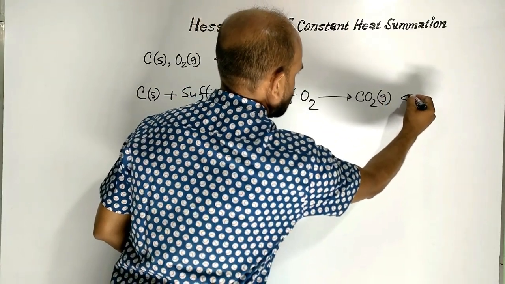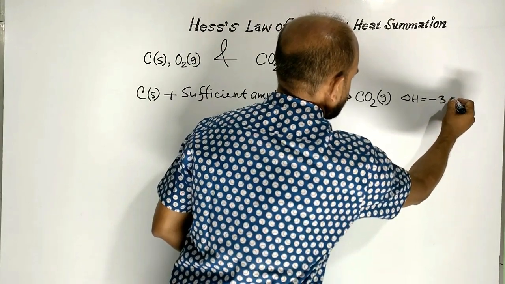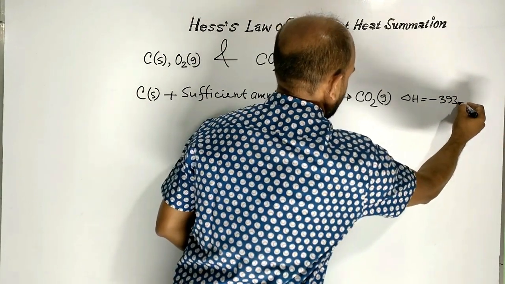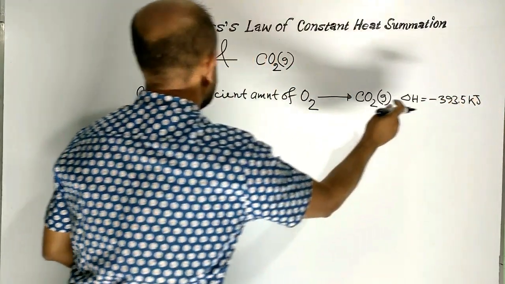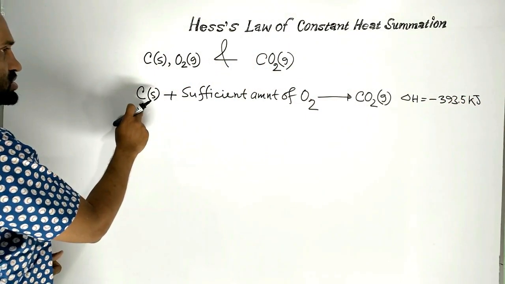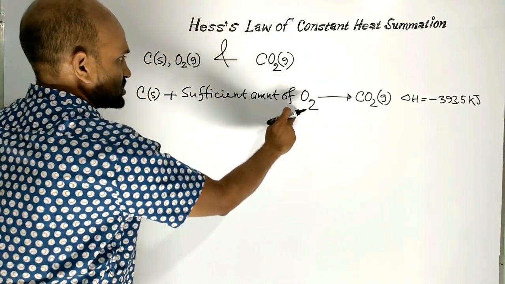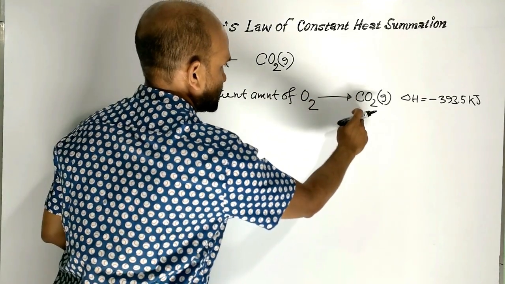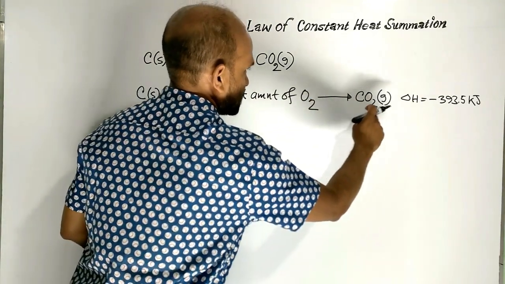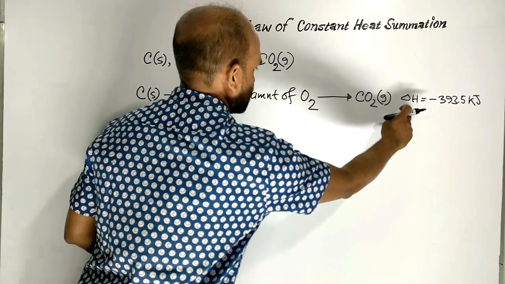And here heat change is minus 393.5 kilojoule. That is, carbon is converted to carbon dioxide with sufficient amount of oxygen in a single step. And here delta H is minus 393.5 kilojoule.